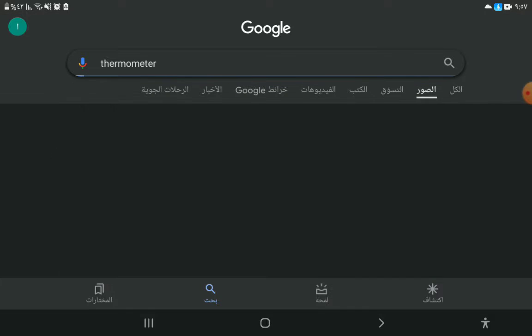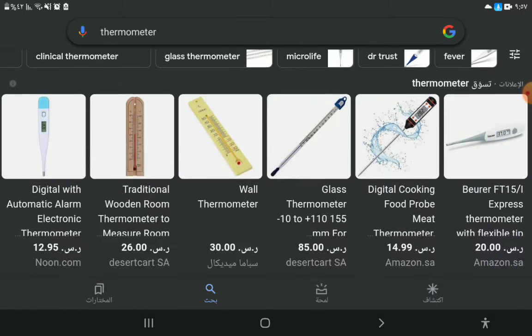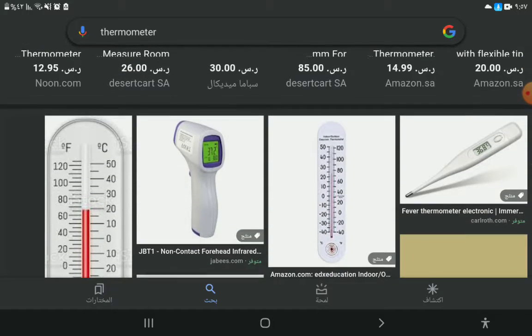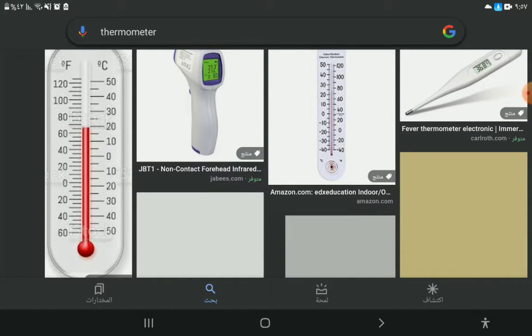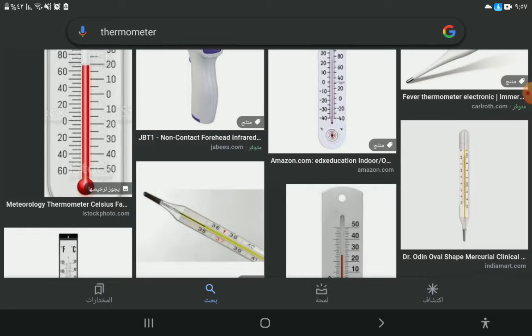You will see here, this is a thermometer. Okay, it's for the temperature.